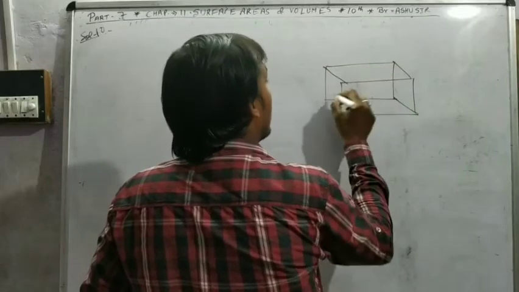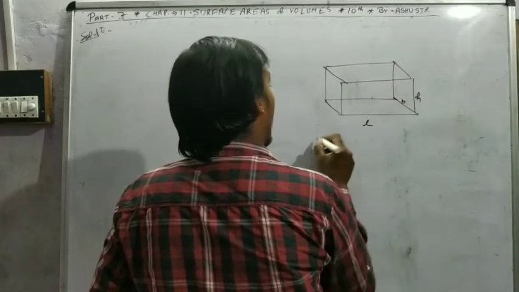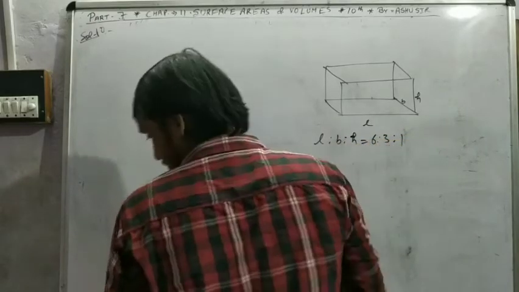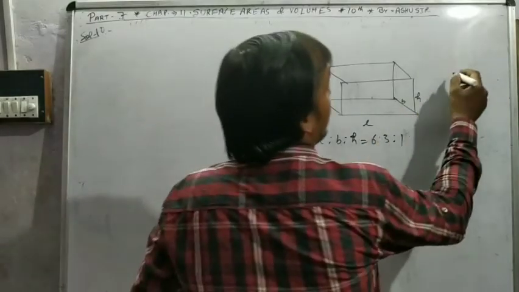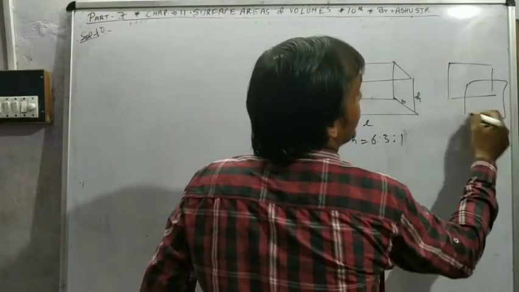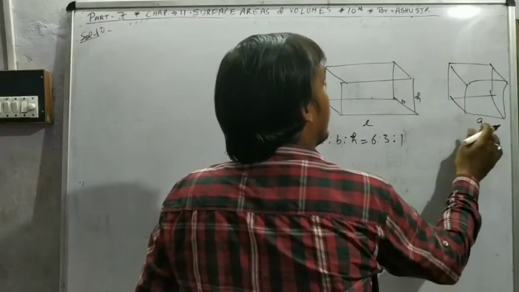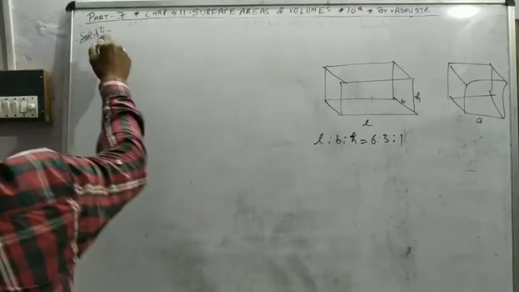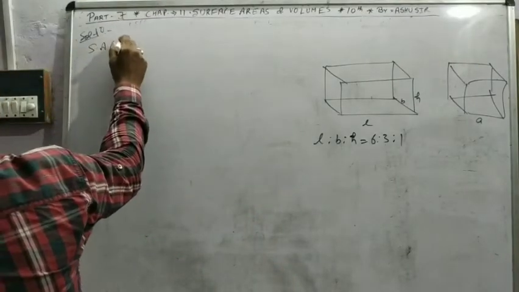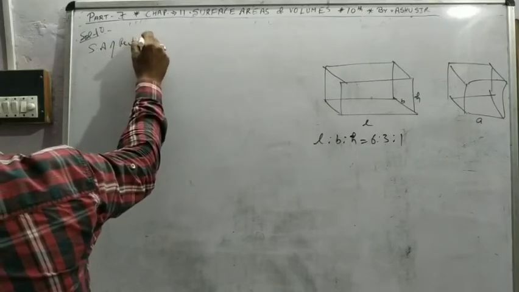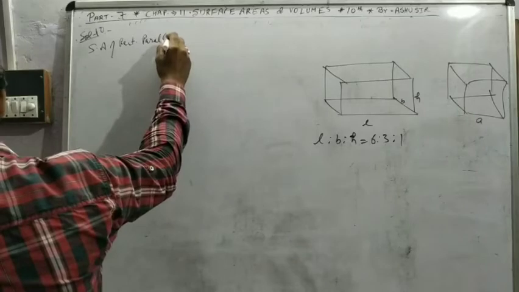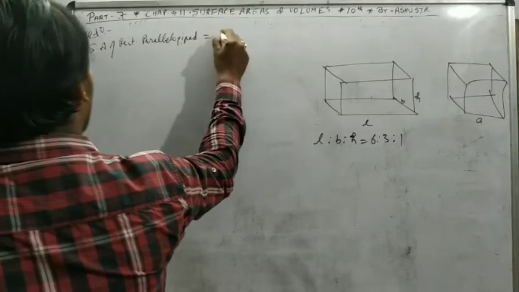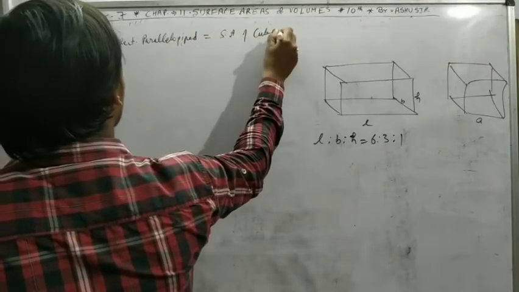A pipe in the form of a rectangle means a hollow cuboid, just like this. This length, breadth, height are in ratio 6:3:1, and a cube. Its side is not given, but it is given that the surface area of the rectangular parallelopiped is equal to the surface area of the cube.